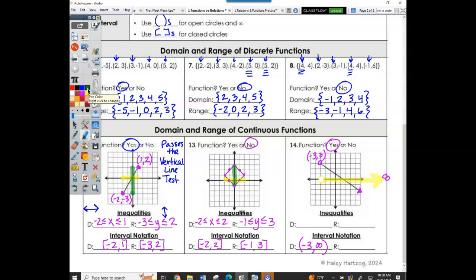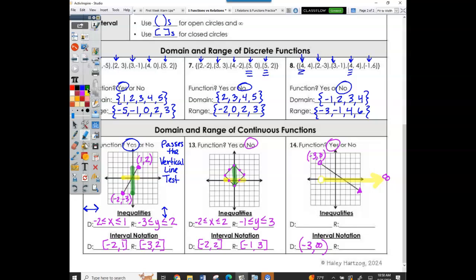Now, as the graph is going out, it's also going down. So this arrow means it's running to some type of infinity. You just have to look what direction to know if it's positive or negative. What's down? What type of infinity is that? Negative.